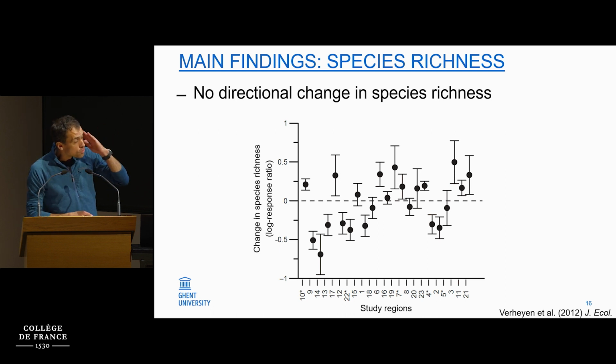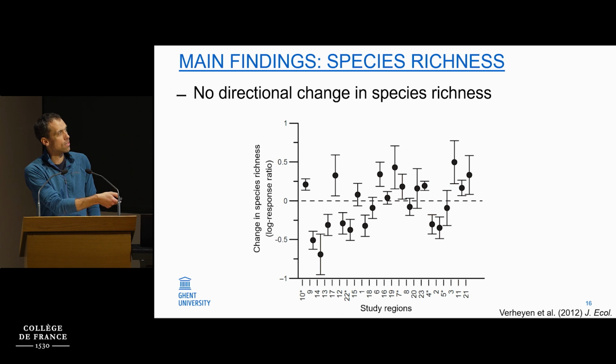So the first paper that we started with was focused on simple species richness changes over time in different regions, only in Europe. And here I plotted the change in the species richness as a log response ratio. 0 is no change. And what you see here is that basically some regions go up, other regions go down.